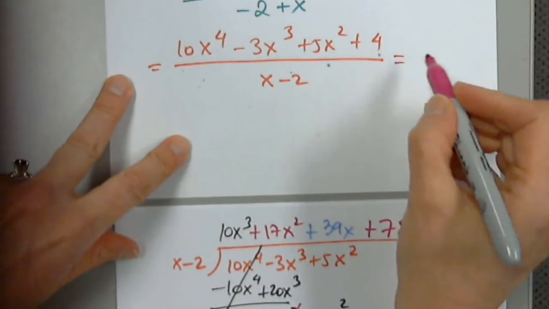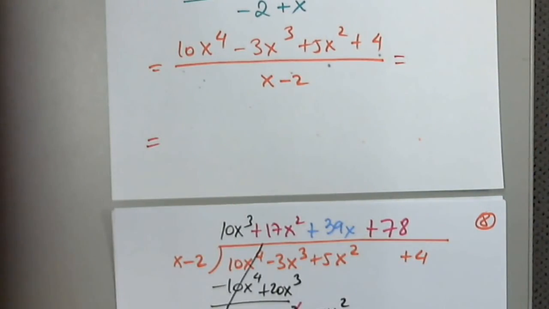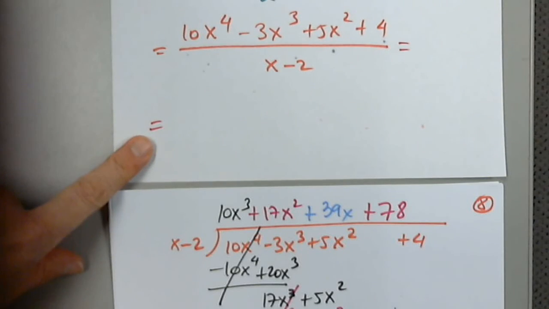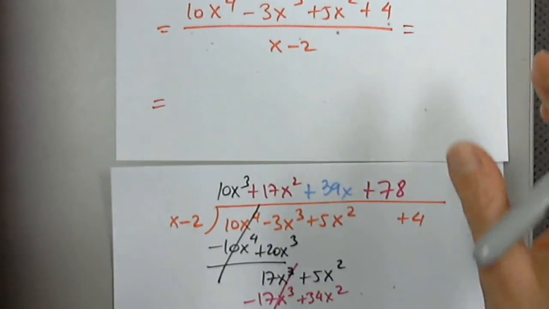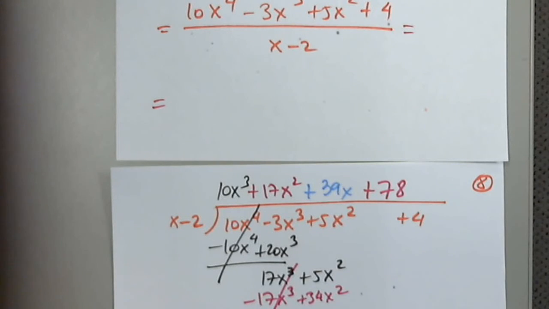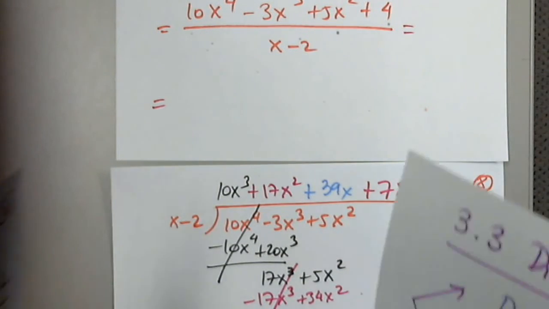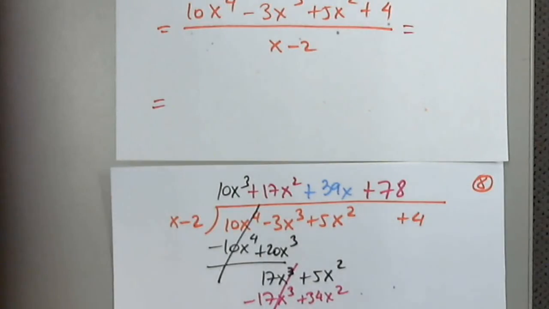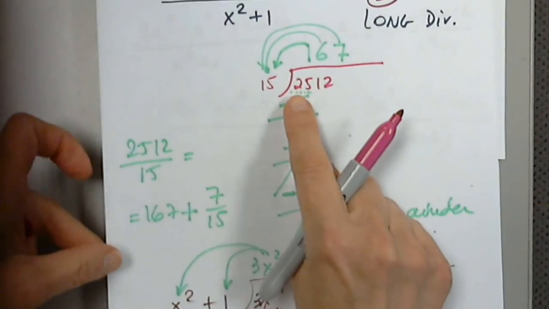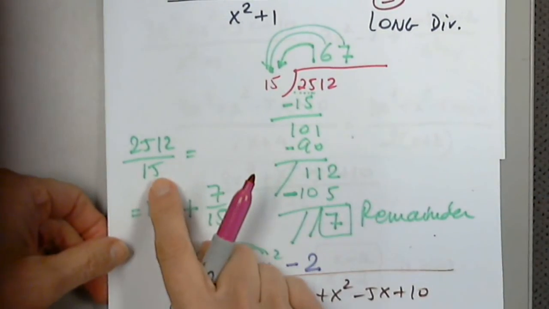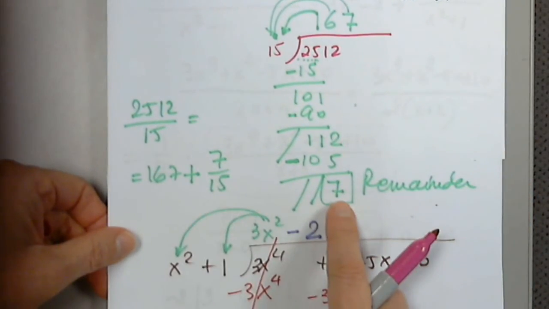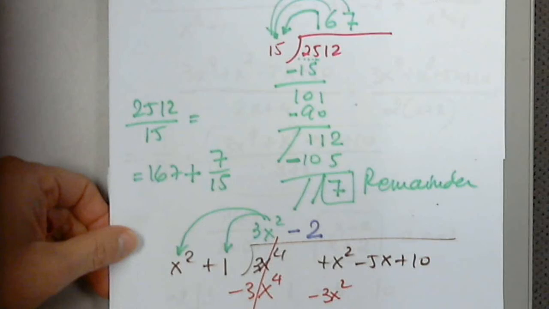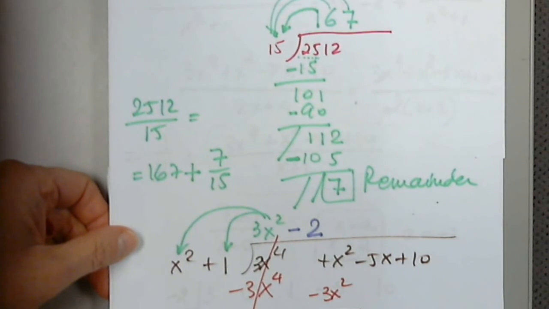So can anyone give us the final answer? This is the part that confuses me. Just rewriting it, the answer. Like 25 divided by 15 is the quotient 1, plus the remainder over the divisor.